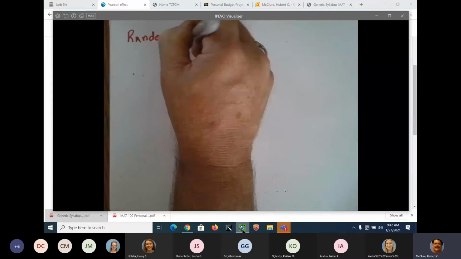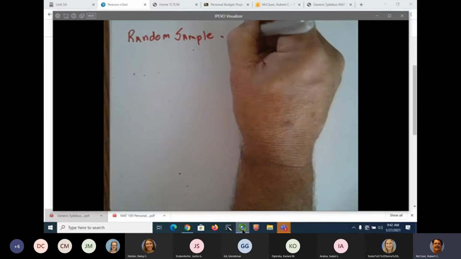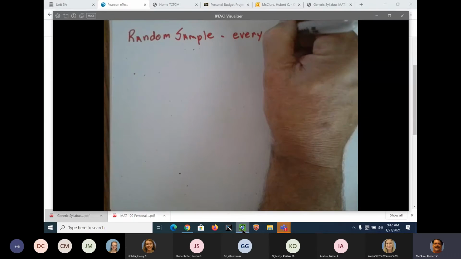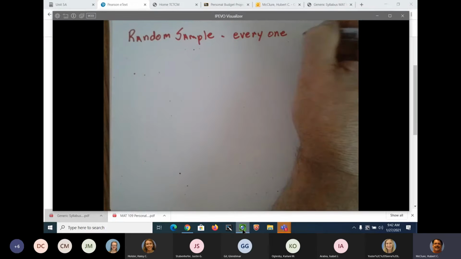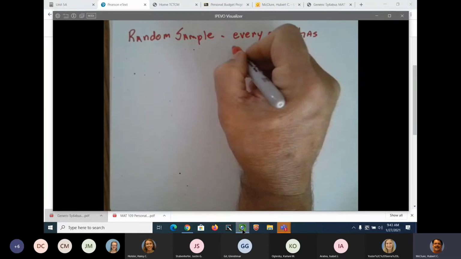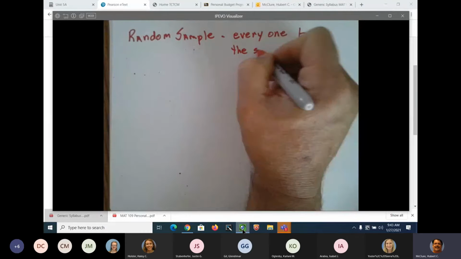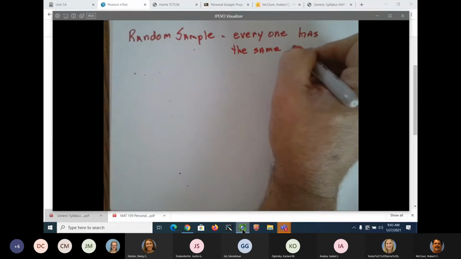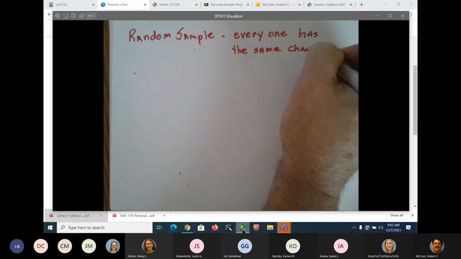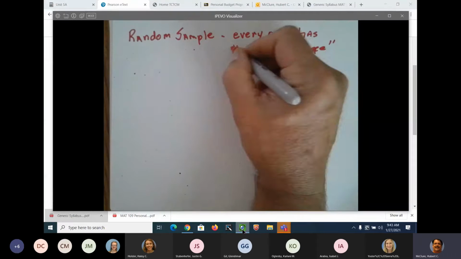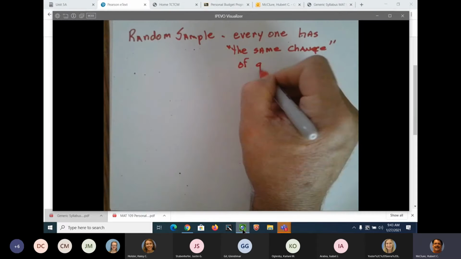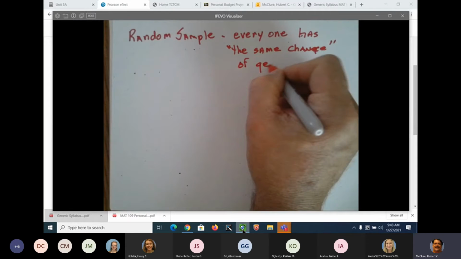Random sample: everything, whatever you want to put, has, and the keyword, the same chance, equal chance, whatever you want to say, the same chance of getting picked.